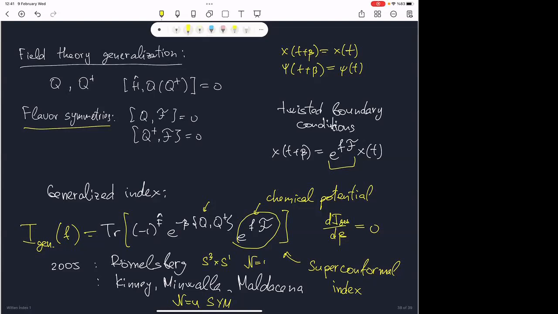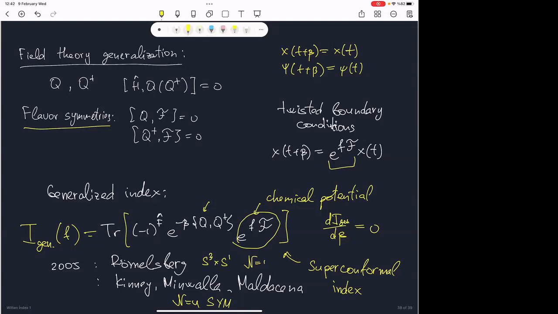So you don't even need to check whether there is some supercharge in your theory, because for supersymmetric theories you need a supersymmetric partner. Even on the level of supersymmetric quantum mechanics, if you have a bosonic sector, then you need to have a fermionic sector.